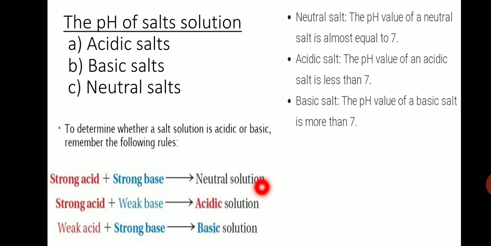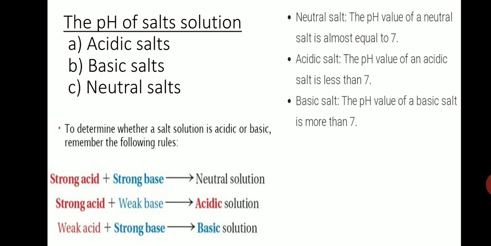The acid is unable to fully neutralize the base because the base is very strong. Here a weak acid is added to a strong base, so that weak acid cannot fully neutralize the strong base. So the character of the strong base, its basicity, will remain higher. Okay, so it produces basic salts. So this is the way acidic salts and basic salts are formed.